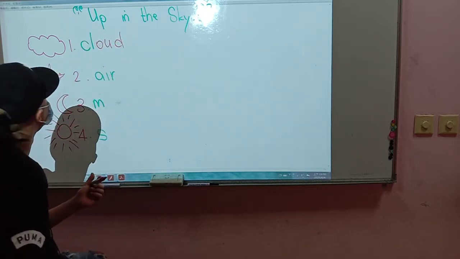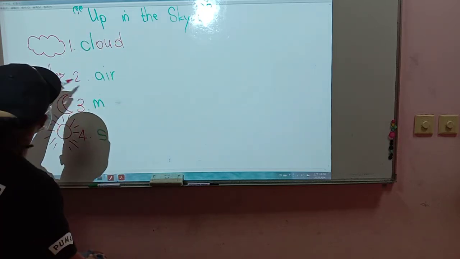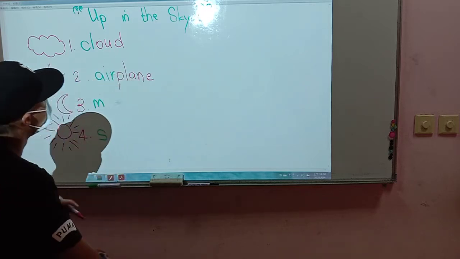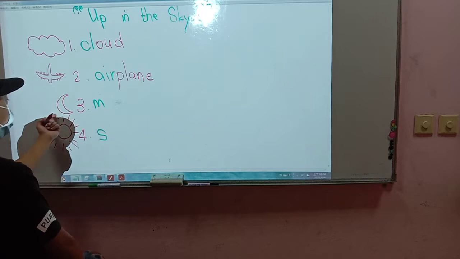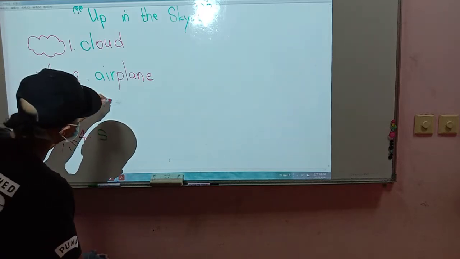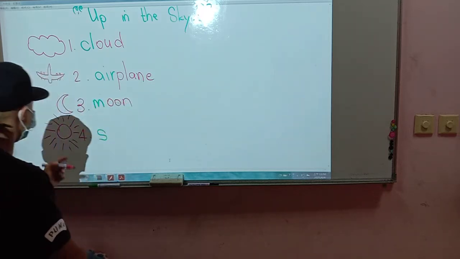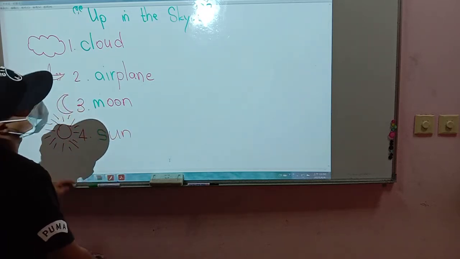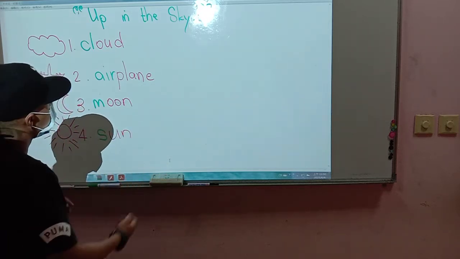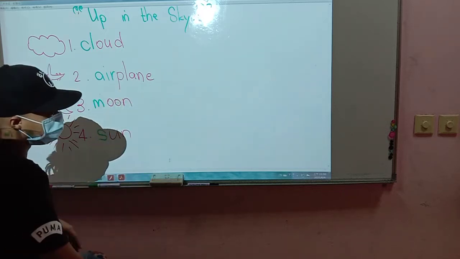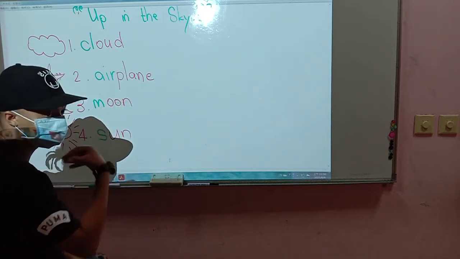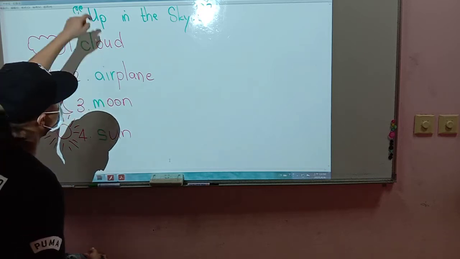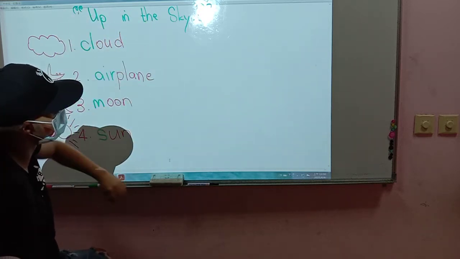Okay, a cloud. And this was supposed to be an airplane. Airplane. Then we have the, I think you all know it's the moon. And of course the sun. Okay, so those are just some of the things we see in the sky. Now let's see what our story is going to tell us about things that are up in the sky.